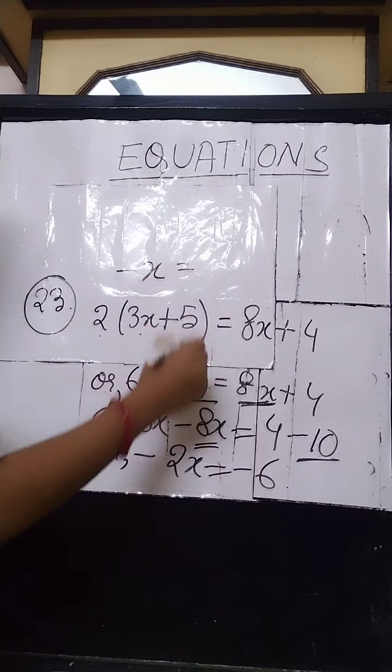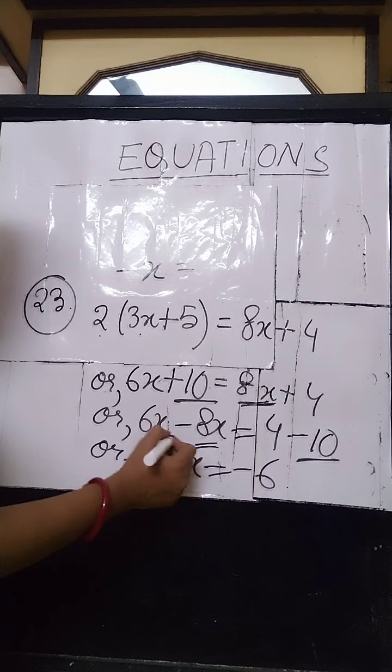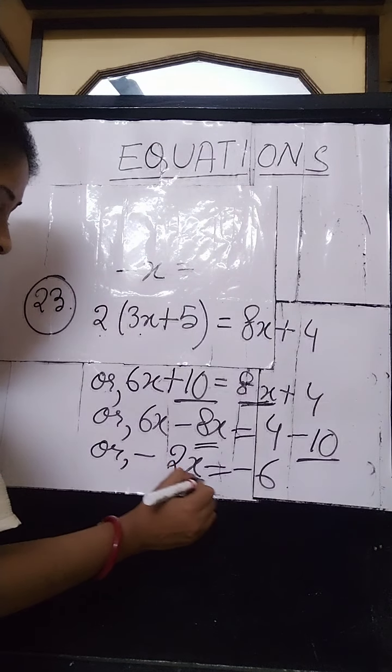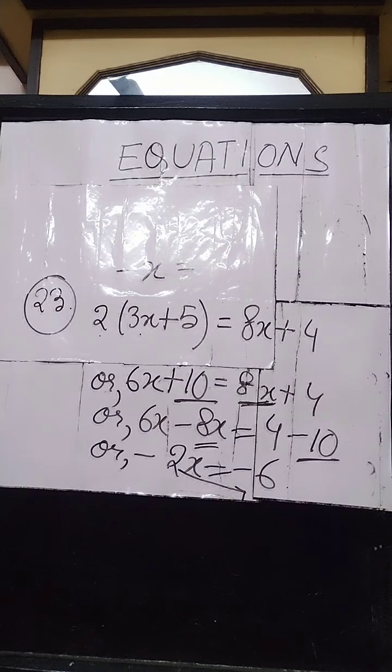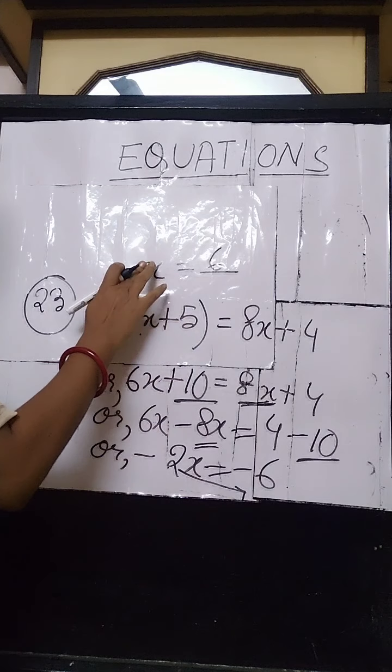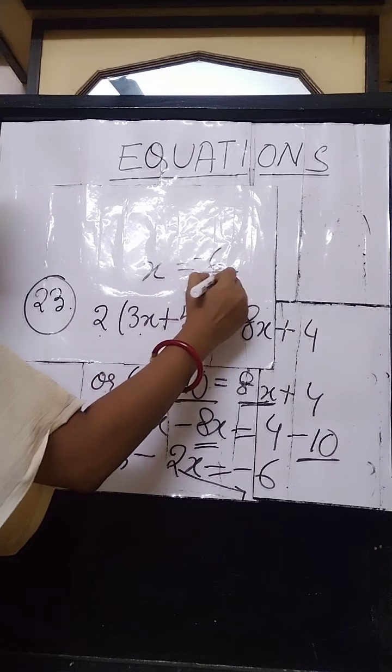This 2, the multiplier of x, will be removed. How? It will go as a denominator below minus 6. That is, x is equal to minus 6 by minus 2.